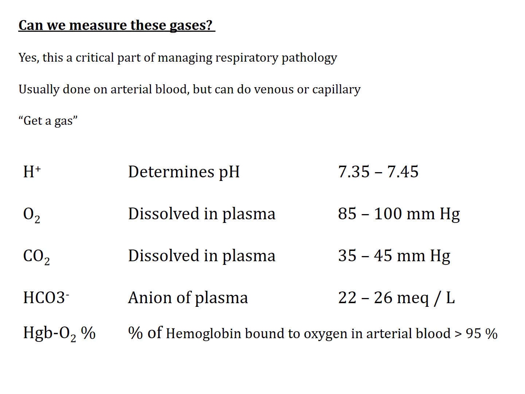We look at the bicarbonate, which is our buffer for hydrogen ion. And then we look at the saturation of oxygen on hemoglobin. And remember, the vast majority of our oxygen in blood is saturated to hemoglobin. It's not free in plasma. All right, so there's our blood gas.